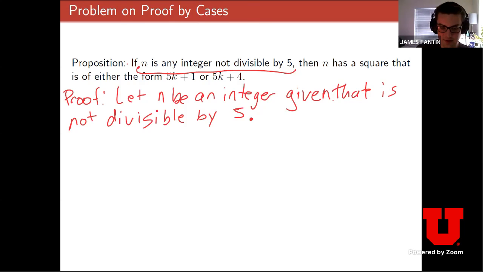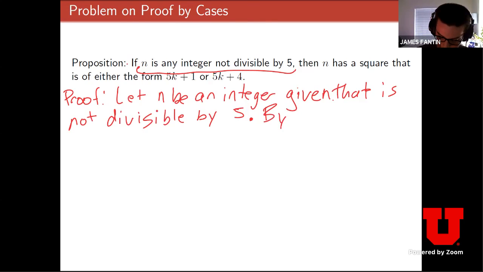Then, like some of you were suggesting in chat, we're going to look at that remainder when it's 1, 2, 3, or 4. But we need to explain why the remainder is the way it is, and we do that by the division theorem. It says that any integer a is equal to b times q plus r, where r is less than the value you were dividing by.